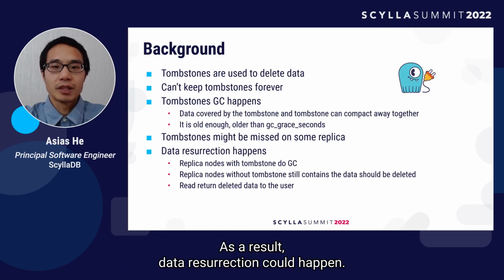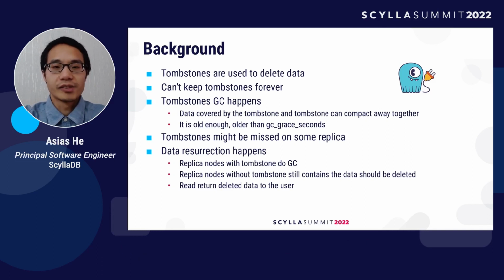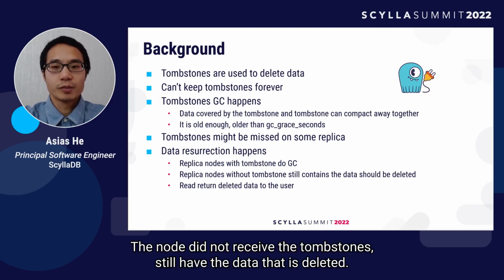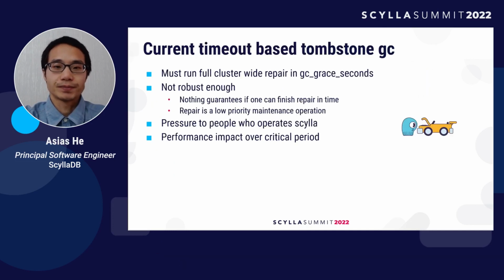As a result, data resurrection could happen. For example, nodes with tombstones GC the tombstones and the covered data are gone. The node that did not receive the tombstones still has the data that was deleted. In the end, a read could return deleted data to the user.